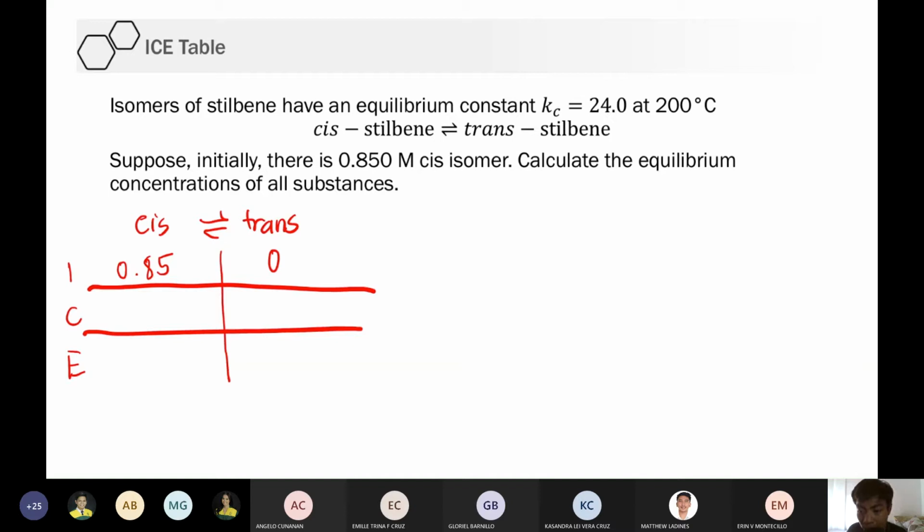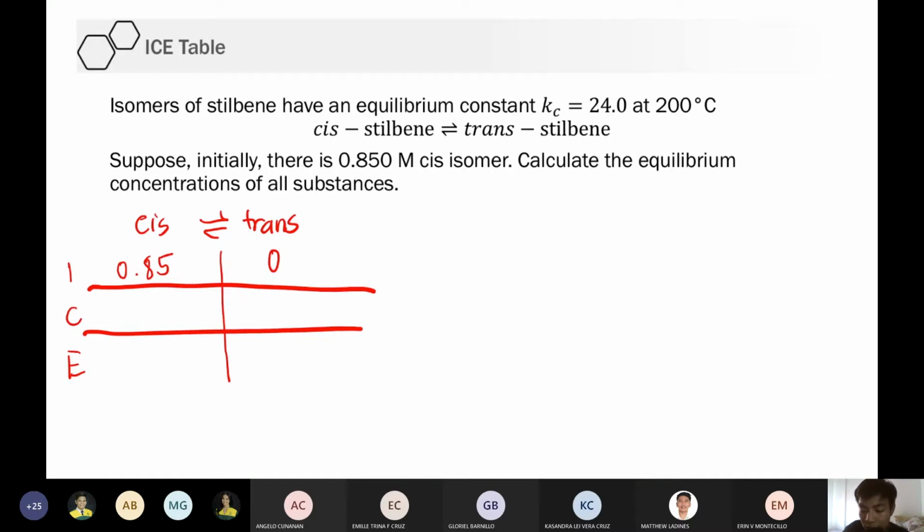Okay? How about C? Change. So, sabi ko sa inyo kanina, the change could either be positive or negative for the reactants or products depending on the direction of the reaction. So that means we have to use Qc and we compare that to the K. Okay?